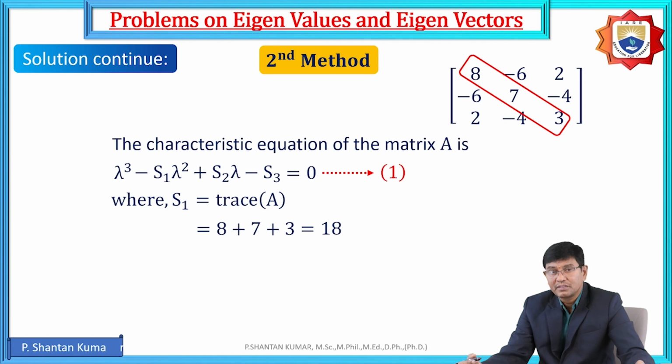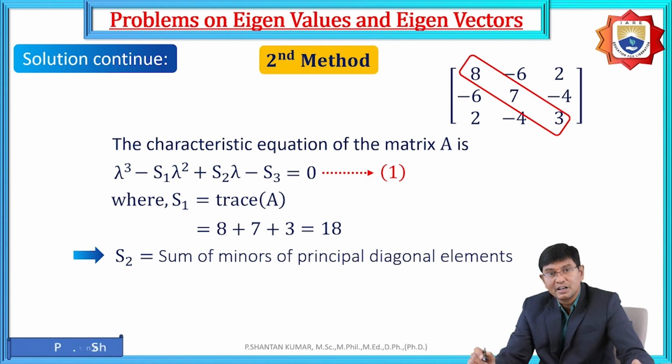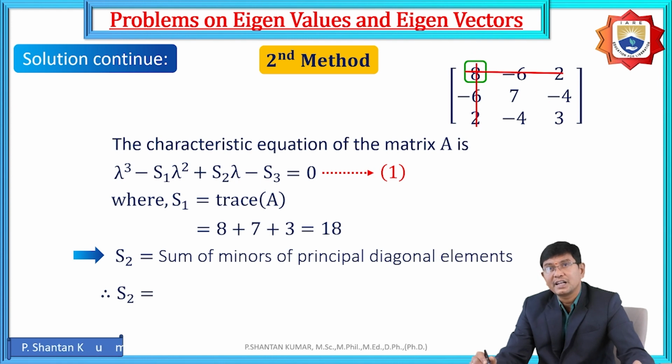And S2 is equal to the sum of the minors of the principal diagonal elements. We need to find the minors first. Here the principal diagonal elements are 8, 7, 3. For the element 8, the minor is found by deleting that particular row and column, and the rest of the values are 7, minus 4, minus 4, 3.